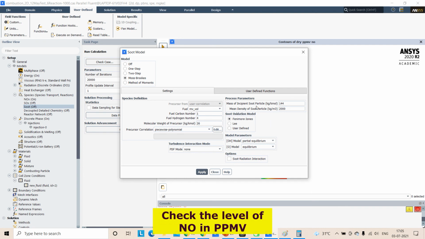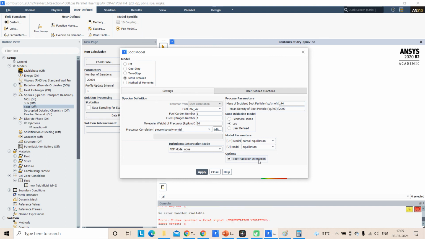We have to give the mass density of soot particle coefficient 144. Mean density of soot particle you have to define as 2000 kg per meter cube. For the soot oxidation model you can use the Lee model, and soot radiation we can enable because soot particles are emitting thermal radiation to the atmosphere. They are also absorbing radiation from the flue gases.